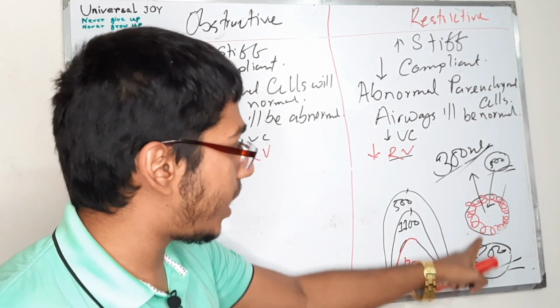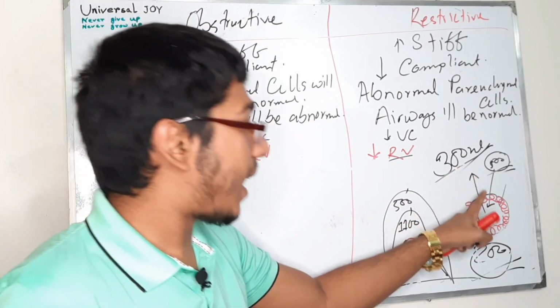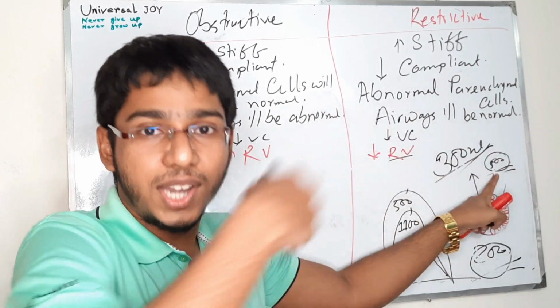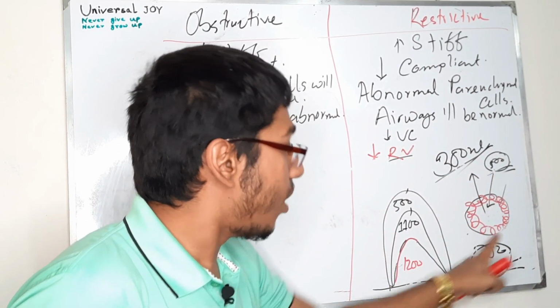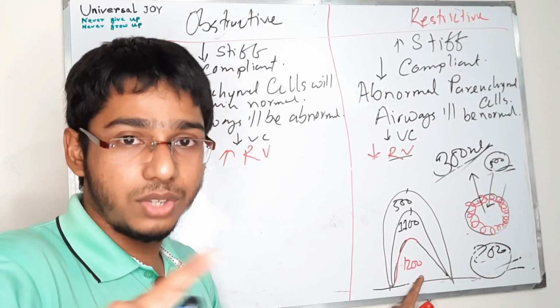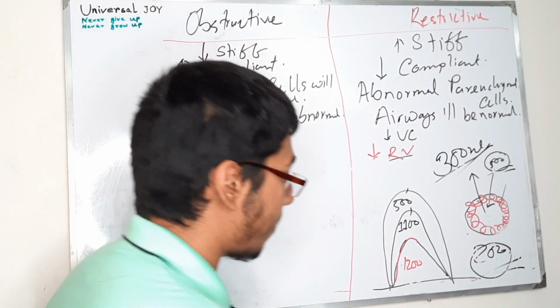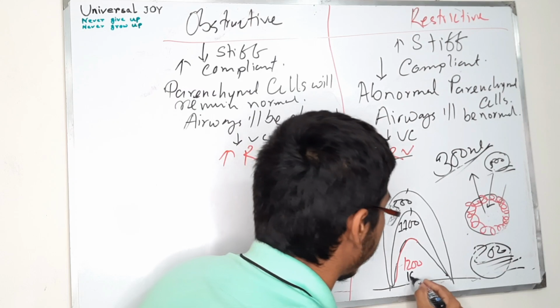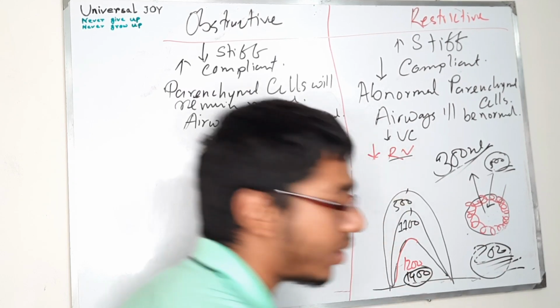So here I have thrown out 300 ml, but I haven't been able to throw out 200 ml of the 500 ml which I have already taken inward. This extra 200 ml will be added to the normal residual volume, which is 1200 ml, so now my residual volume will be 1400 ml.